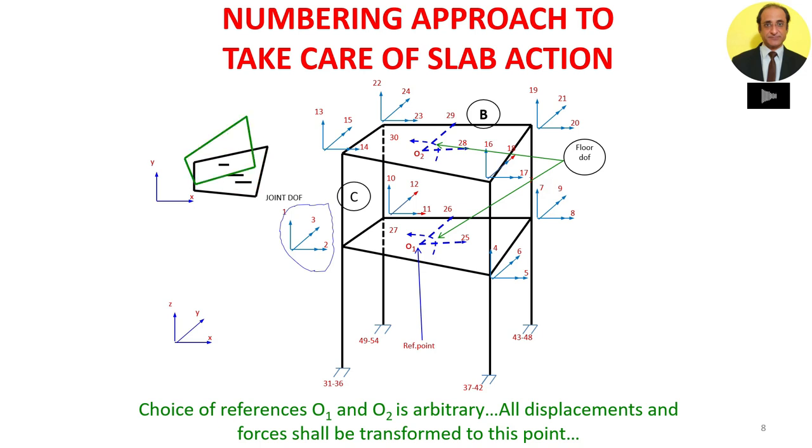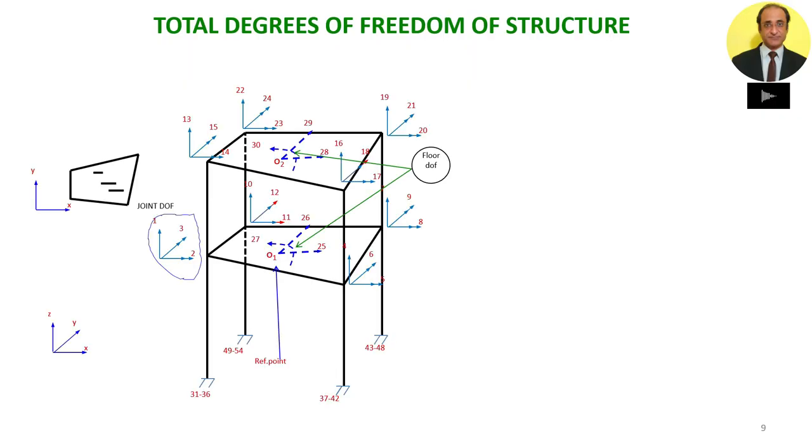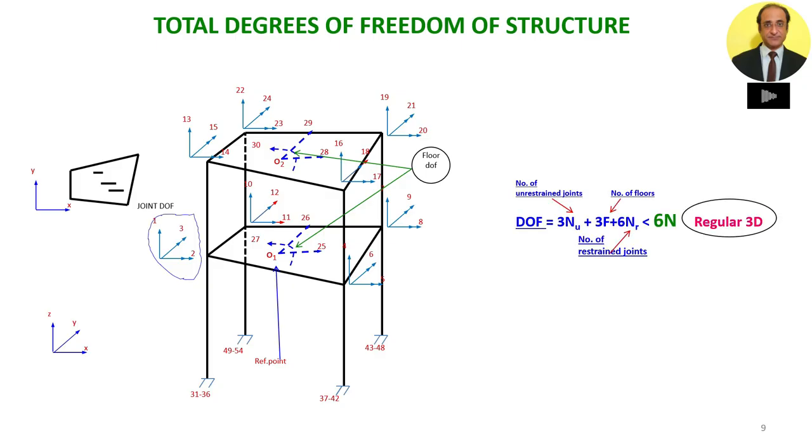Another implication is that the total degrees of freedom will be different from the usual general 3D analysis. If we had the general 3D analysis, because there are 12 joints, the size of KTS would have been 72 by 72. But in this particular case, the size of KTS is 54 by 54.